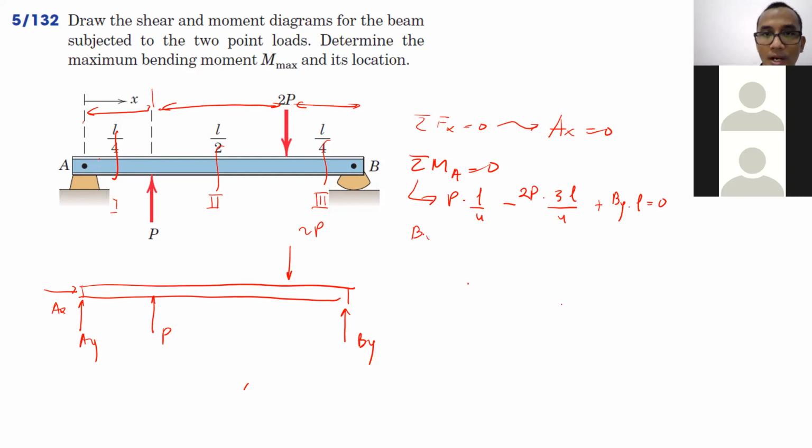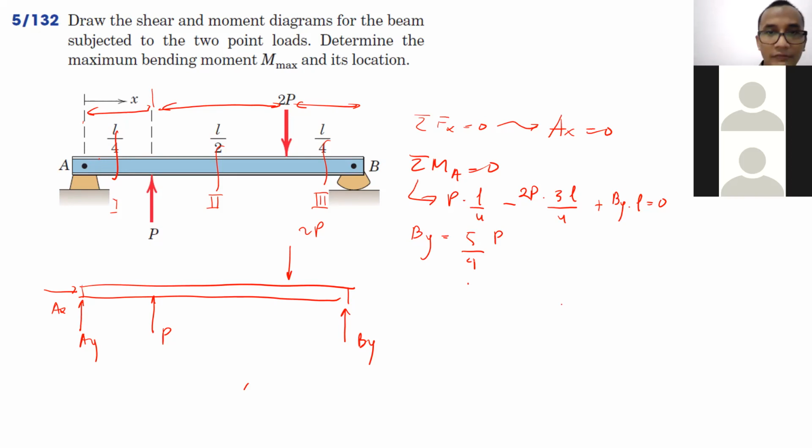From here we get BY. What is the value of BY in terms of P? 6PL over 4 minus PL over 4, so 5PL over 4, divided by L. So 5P over 4. Correct or not? Yes, I think so.